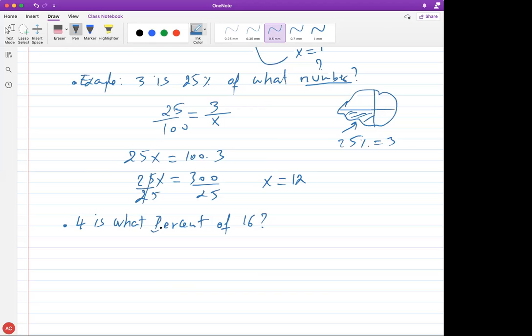This is not too difficult to figure out without the equation. What do you think, 4 is what percent of 16? Is it a quarter? Is it a half? A third? What is it exactly?